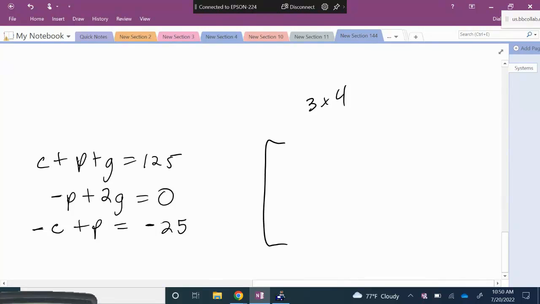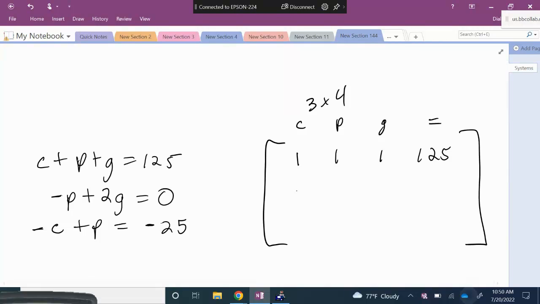We're going to list out the coefficients. So we have 1, 1, 1, 125 as our first equation. Remember, we're going in the order of C, P, G, and then equal. For the second equation, I don't have a C, so I'm going to put in a filler 0. P has a coefficient of negative 1.